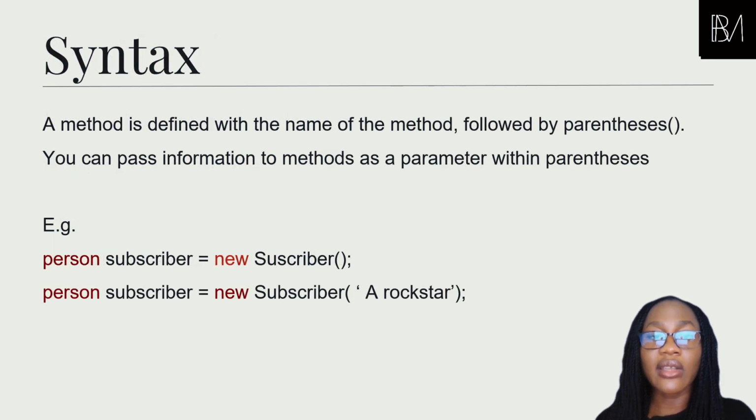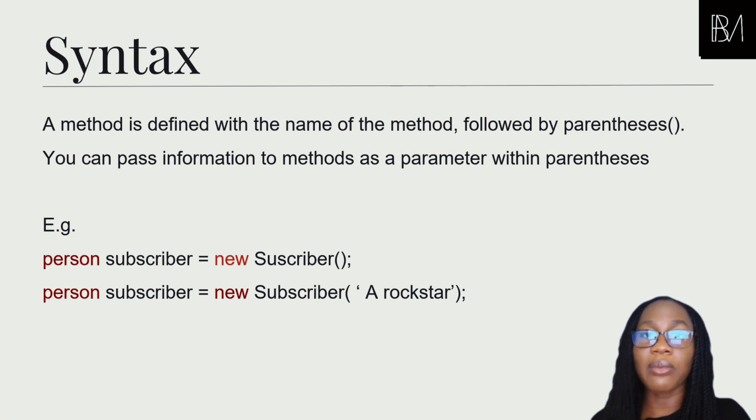The syntax for methods in C Sharp is that you would firstly, you know that in C Sharp, we have to always call the data type that we are creating. So if I'm trying to create, for example, a method for a new subscriber and I want the person to subscribe to this channel, the class I'm creating is a person, hypothetically, and the person is a subscriber.